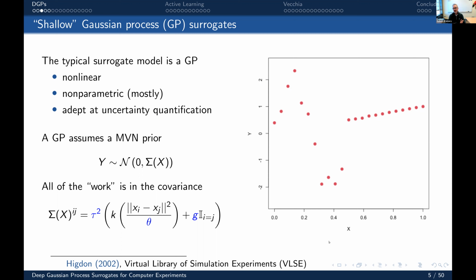Because they're based on Gaussian distributions, and Gaussian distributions have a degree of analytic tractability, which means we can do a lot of calculations on pen and paper, we get predictions, which would be the means of Gaussian distributions, and we get uncertainty from the variances and covariances of those Gaussian distributions.